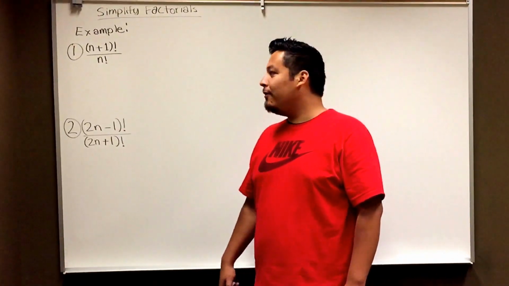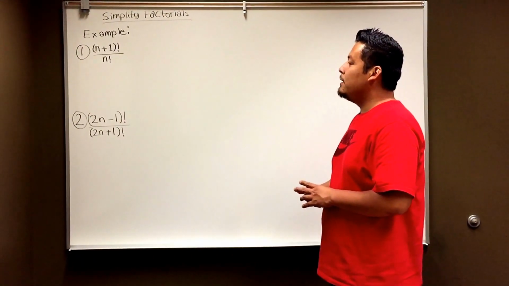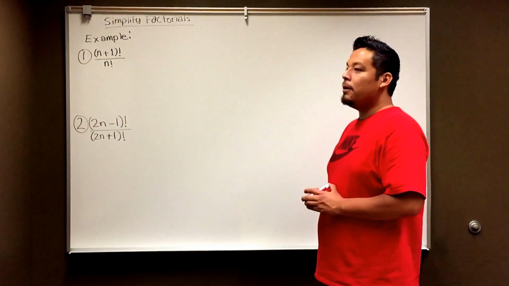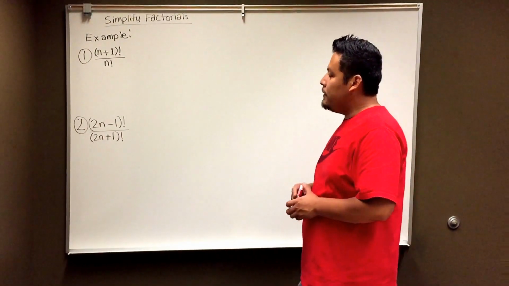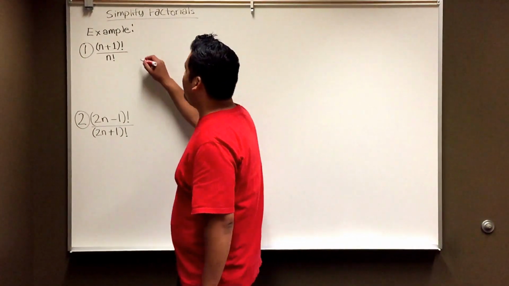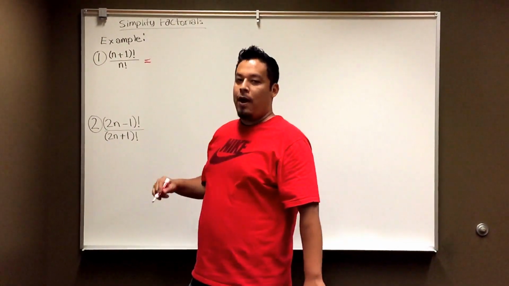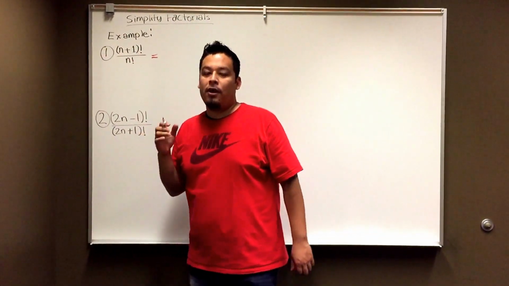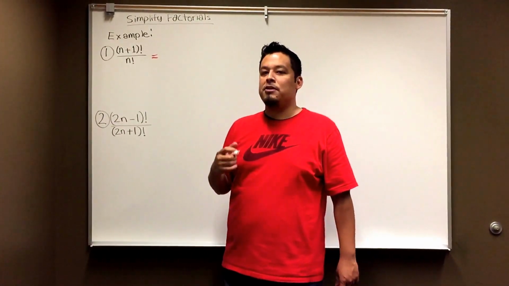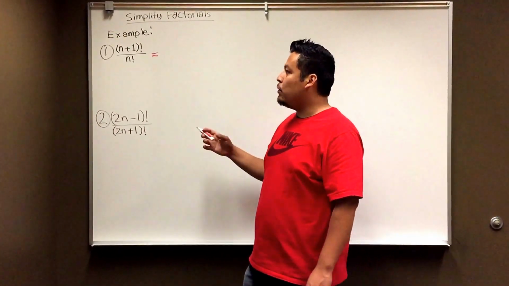Now we have 2 examples where we can interpret our n factorial. In this situation, we can have n plus 1 factorial in the numerator, over n factorial.